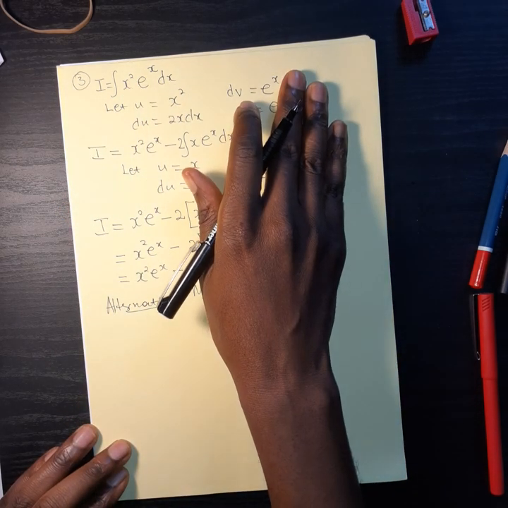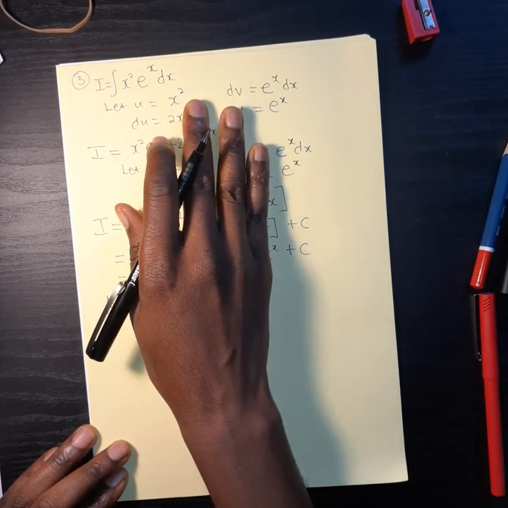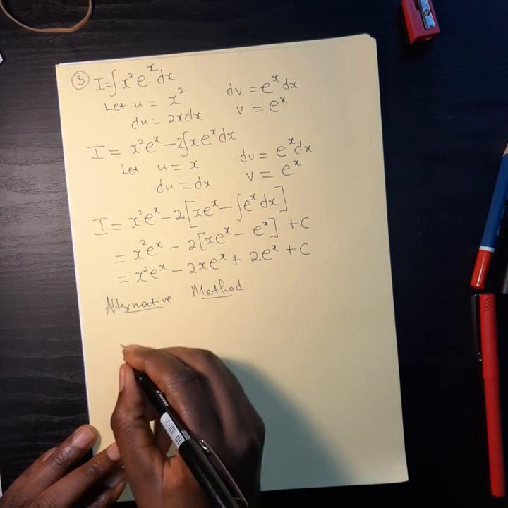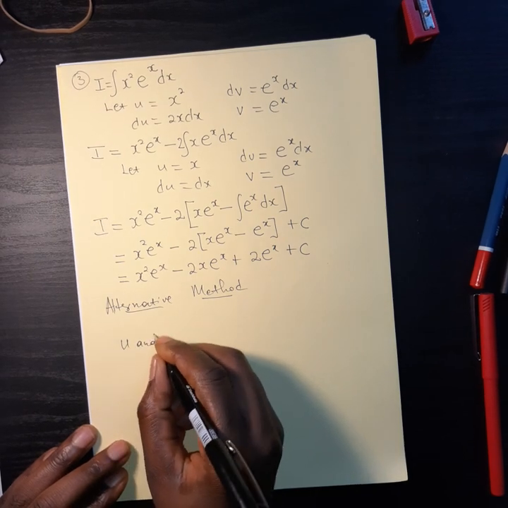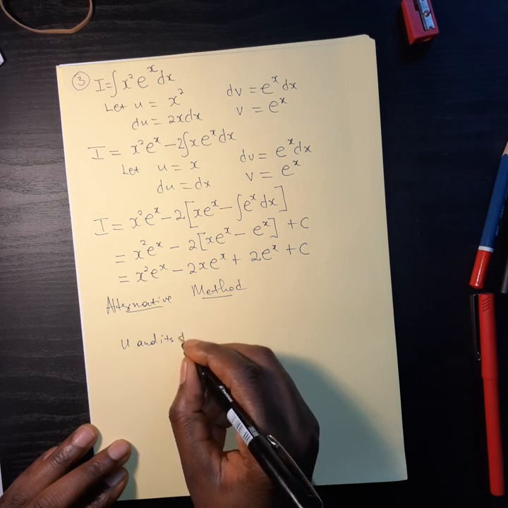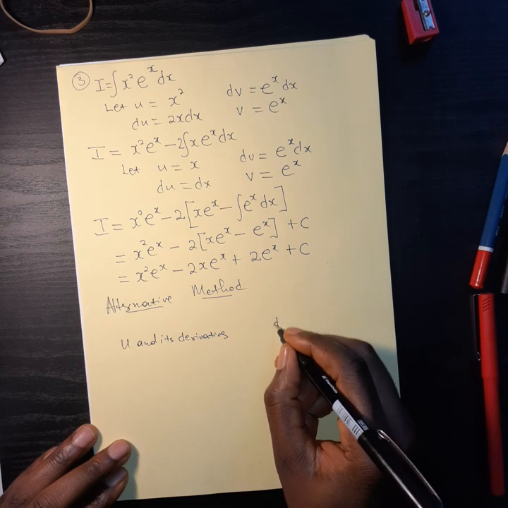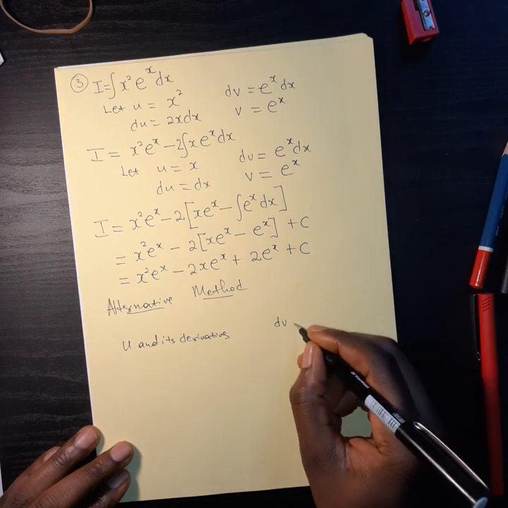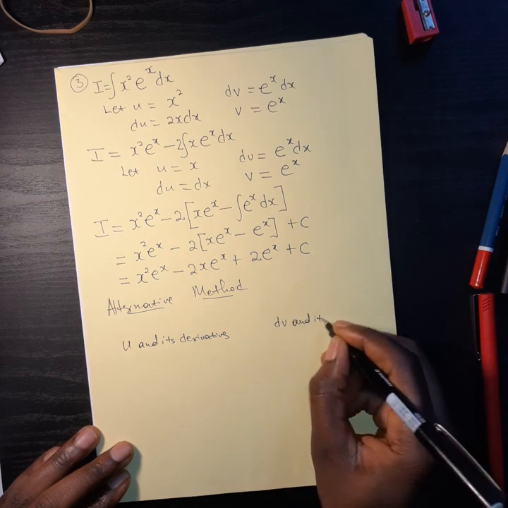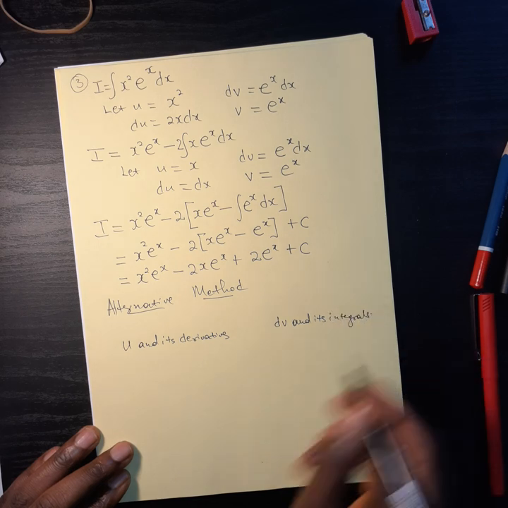Let us come back to what we have here. You have your u, which is x squared, right? So u, we differentiate u and its derivatives. Then the other part will be dv, and we integrate it.